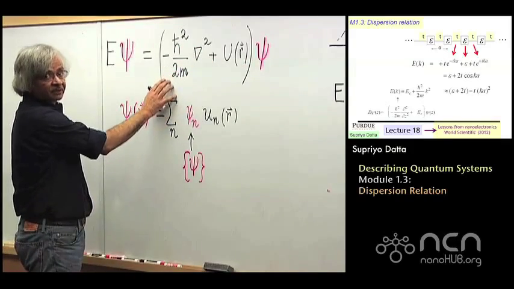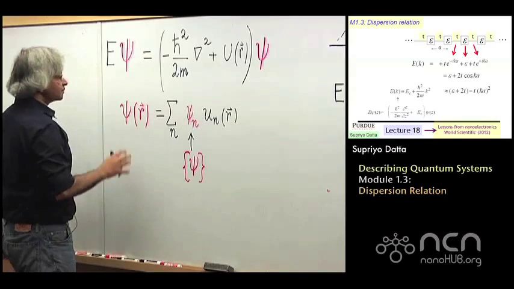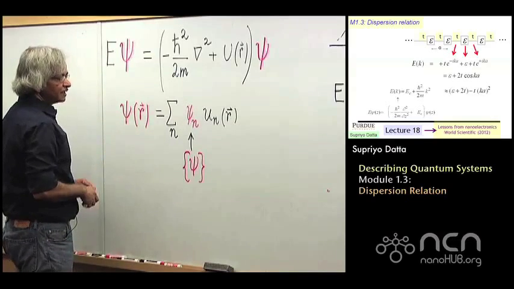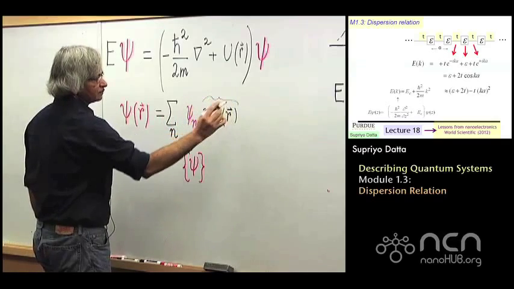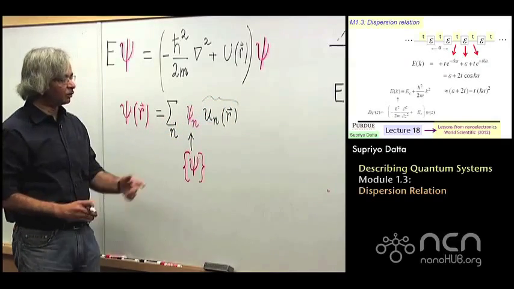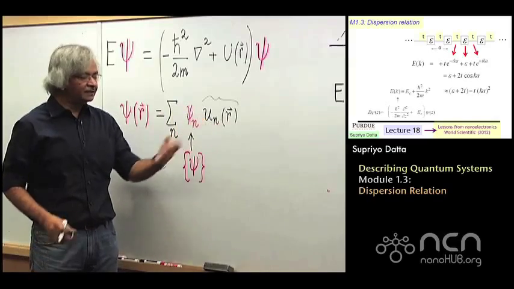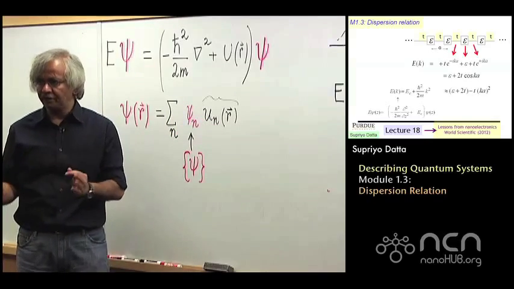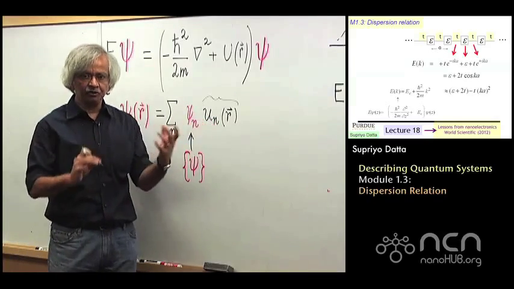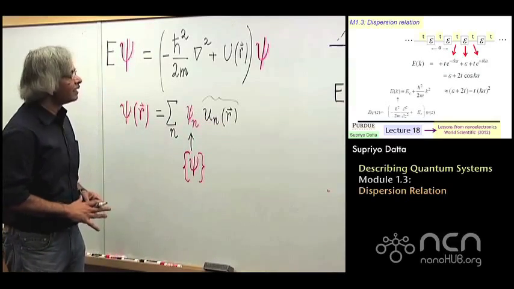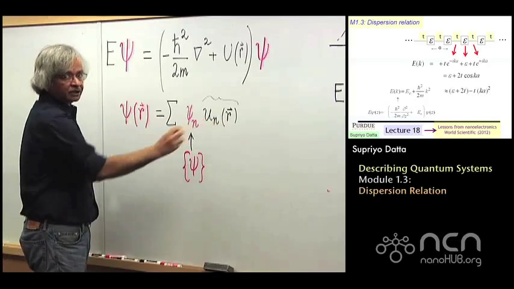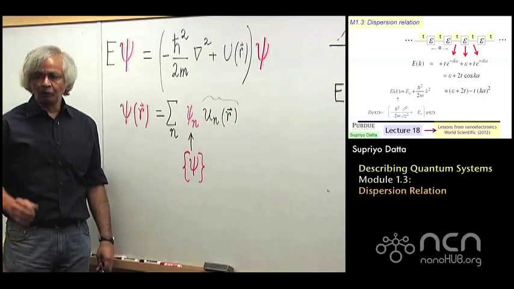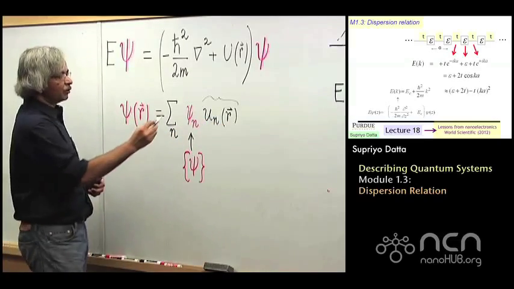You could start from something like this and then expand your wave function in terms of a known set of functions. These U's are what are called basis functions, and these are functions you know, nothing to find out about them. You've chosen a particular set. And you expand this wave function as a linear combination of those things. And what you don't know are these coefficients.